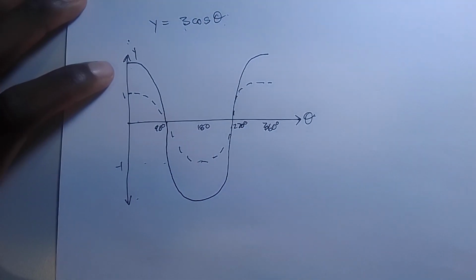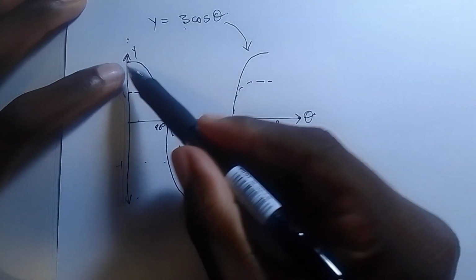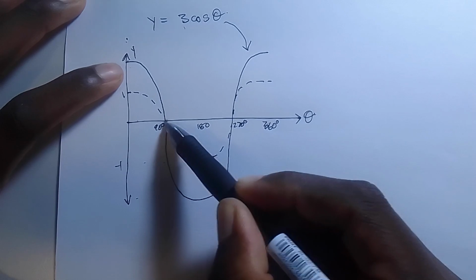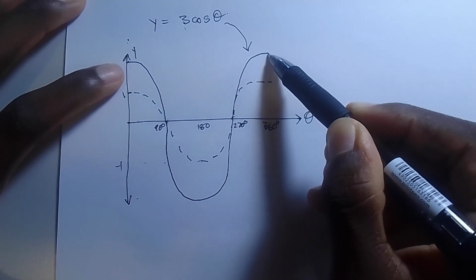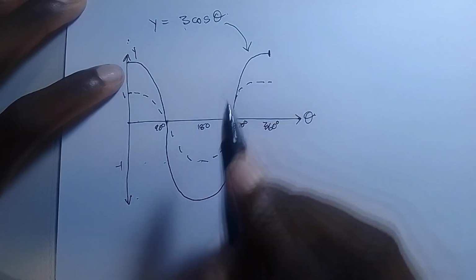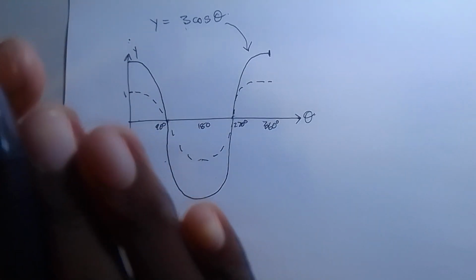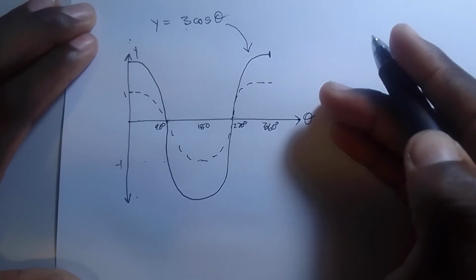That's our new y is equal to 3 cosine theta graph. It goes higher, it goes to the same point here, it goes lower, goes to the same point here, goes higher again, right? The period is still 360. I've never changed the period in any of the graphs that we've done in this video.